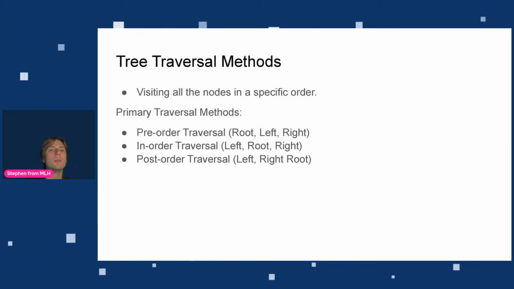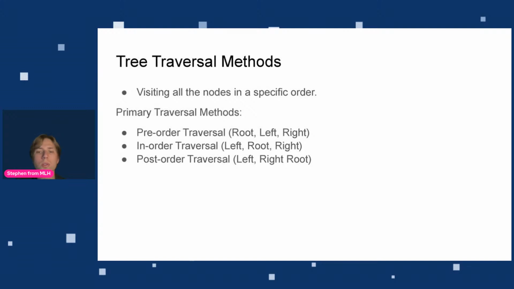We could have pre-order traversal, where we start with a root and then we go left and then we go right. We could have in-order traversal, where we start with a left node, then go to a root node, and then go to a right. We also have post-order traversal, where we go left, then right, and then root. These are all the possibilities that are commonly used, at least.